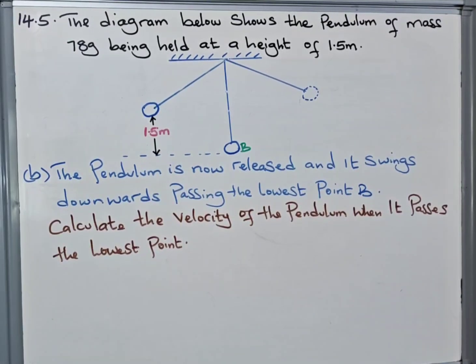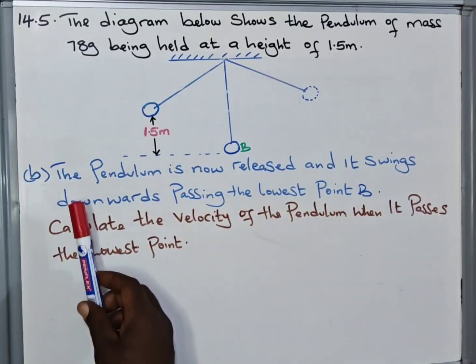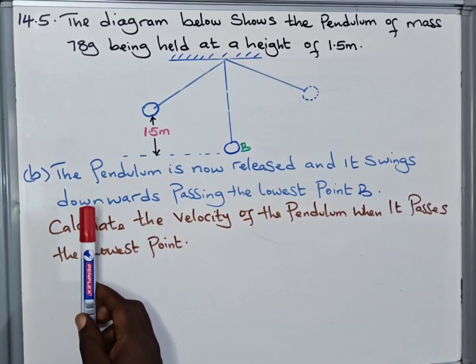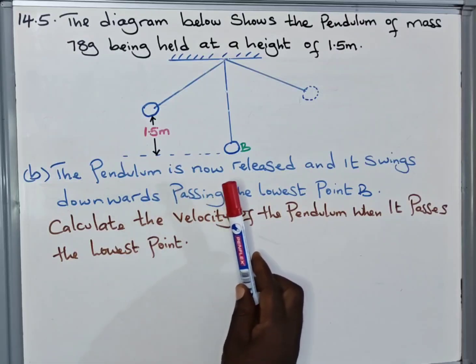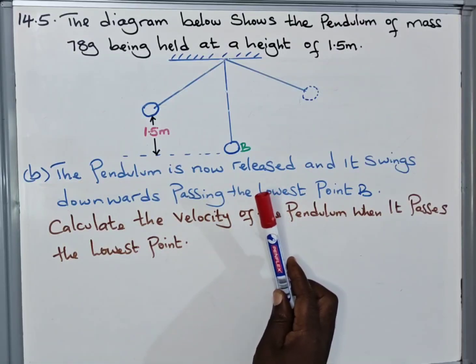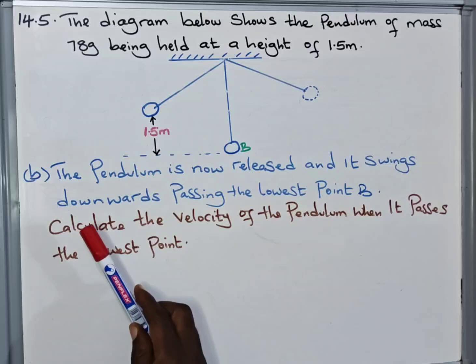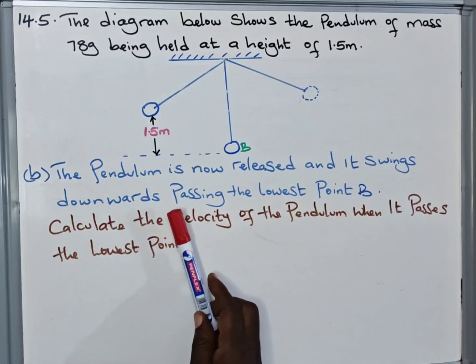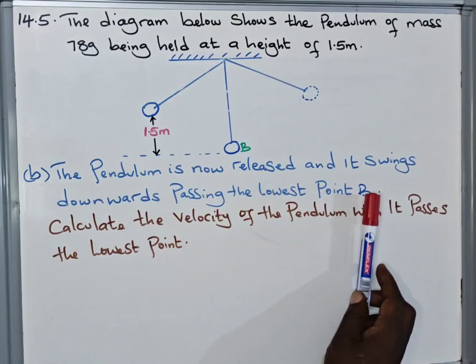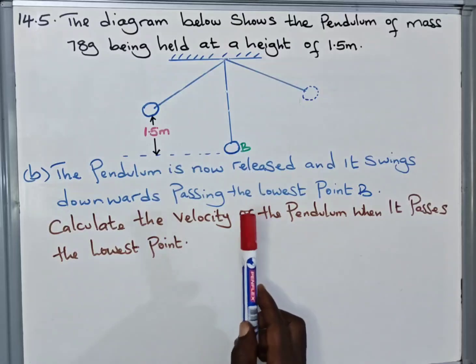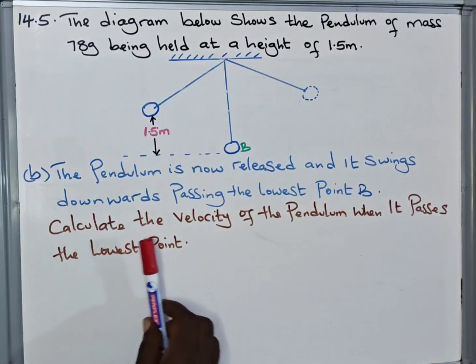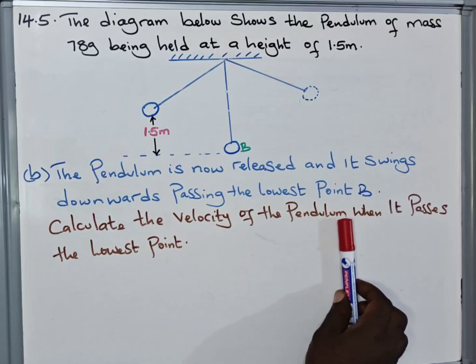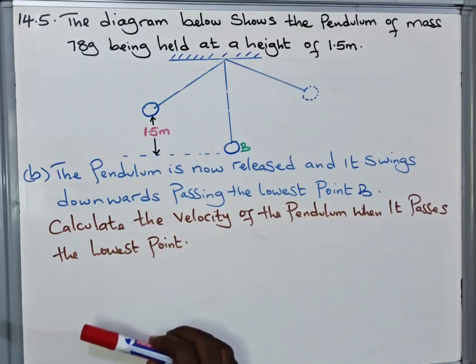Then we come to this case. It reads, the pendulum is now released and it swings downwards, passing the lowest point B. That's the point. And the question says, calculate the velocity of the pendulum when it passes the lowest point.